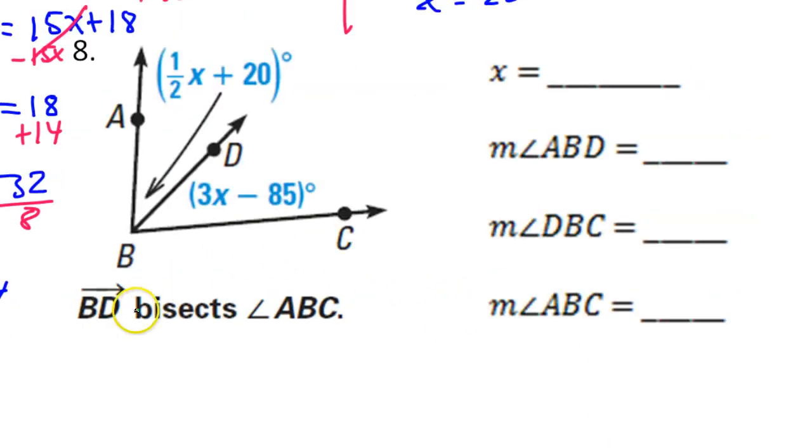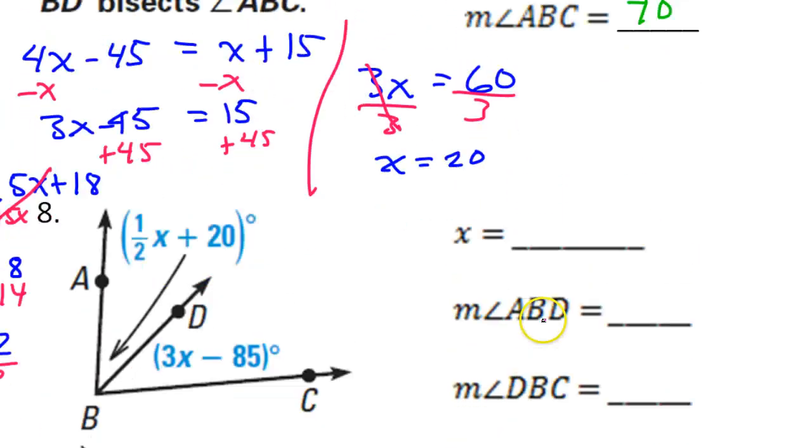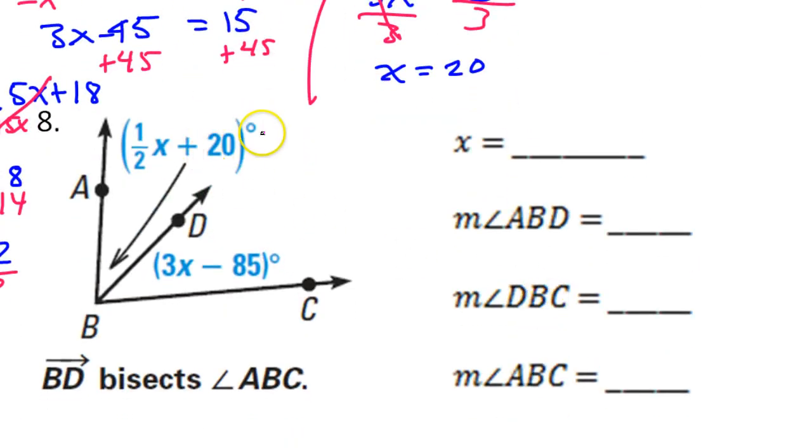Anyway, surprise, surprise, BD is a bisector of angle ABC. Once again, we're looking at two congruent halves. I'm just looking for space to do my calculations. I guess I'll have to squeeze them in right here. So what we know is 3x minus 85 is equal to 1/2 x plus 20.